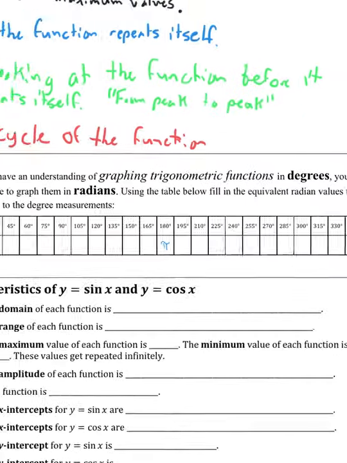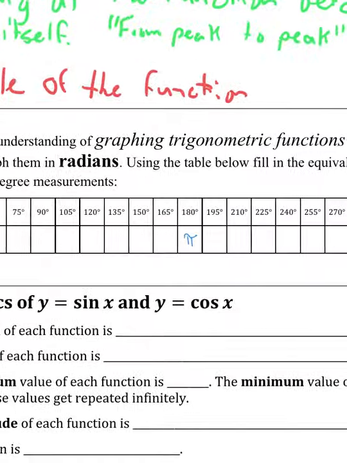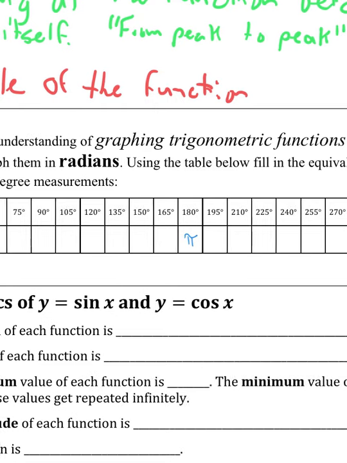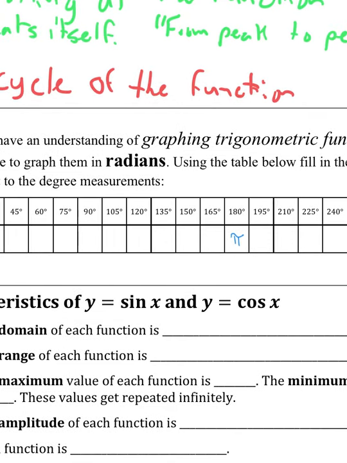Half of 180 is 90. Half of 1 is 1/2. So this is 1/2 pi, or pi over 2. That's kind of how we would figure it out. And then you can think about counting as well. We can count 0, 90, 180, 270, 360.